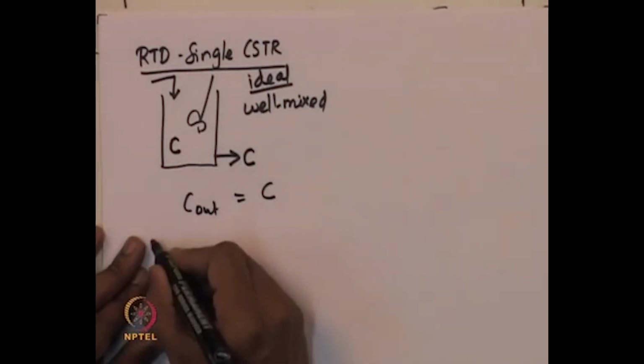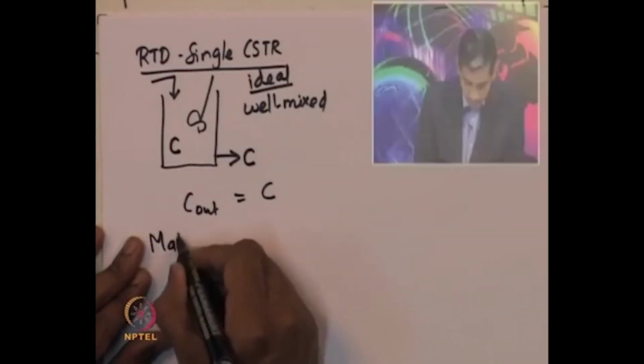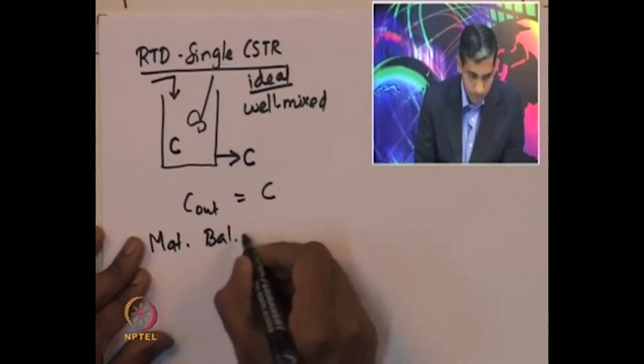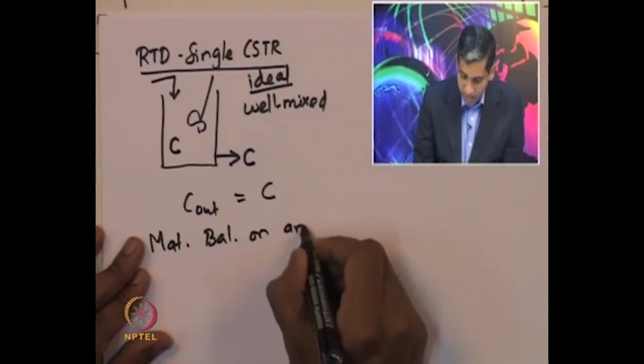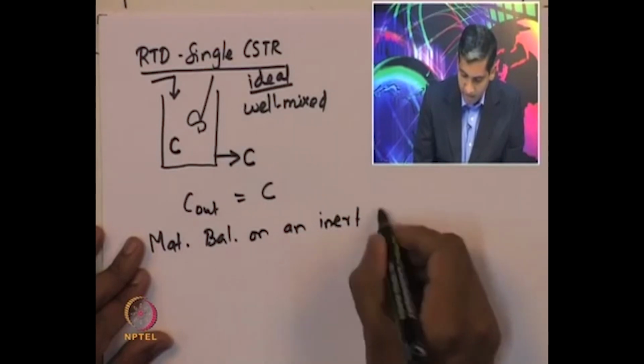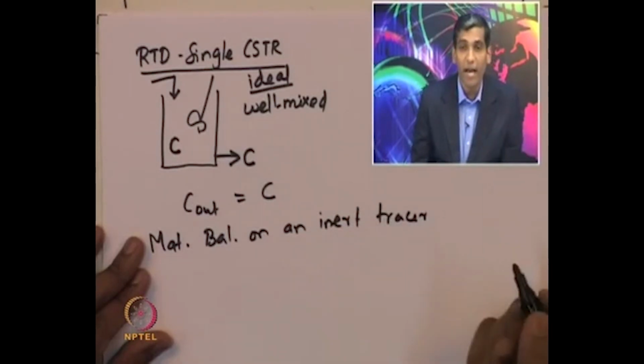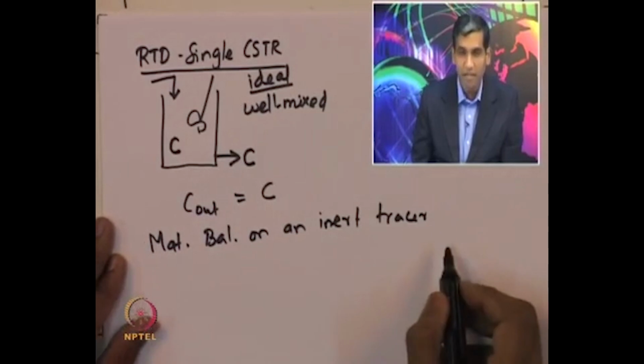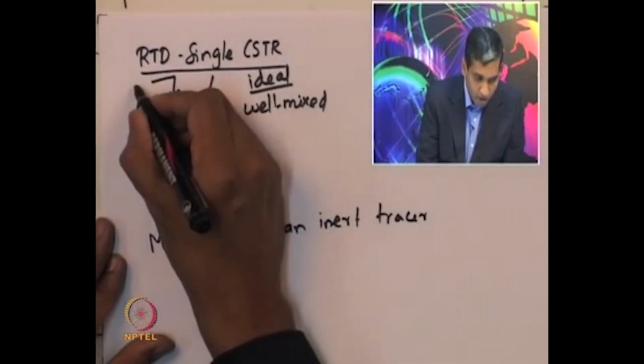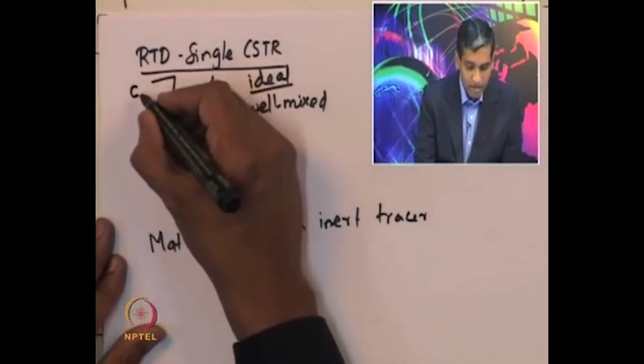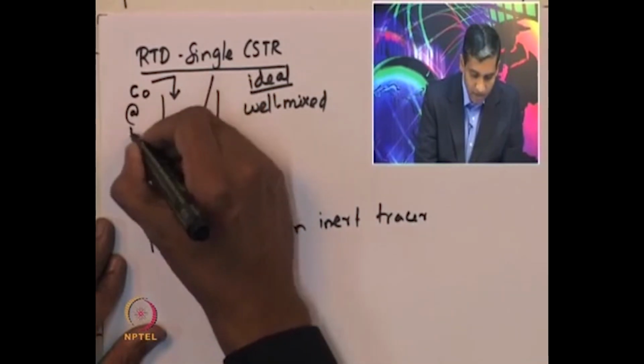And let us now write a material balance on an inert tracer. Suppose there is an inert tracer which is fed into the reactor, and the concentration of the inert tracer is C naught at t equal to 0.